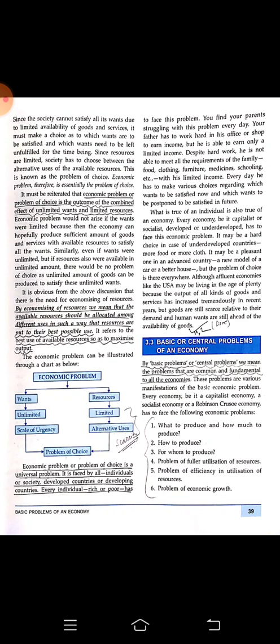And the latter three, that is number 4, 5 and 6, the problem of fuller utilization of resources, the problem of efficiency in utilization of resources, and the problem of economic growth, are related to growth of resources.